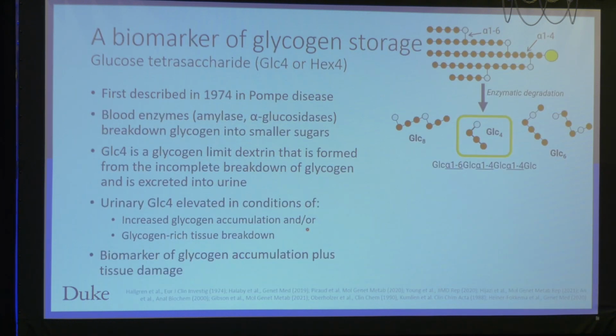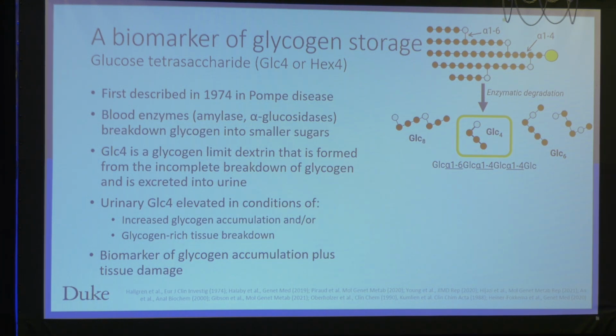That's one part. But I think we also have to think about biomarkers. What can we do to try and understand what's going on with that glycogen that's building up in these conditions? So this is, again, that structure of that glycogen. And the gray bars are all the 1,6 linkages.